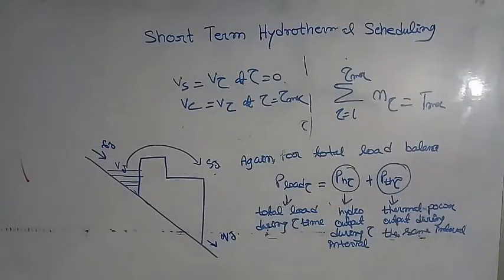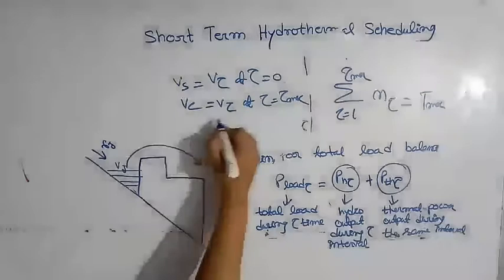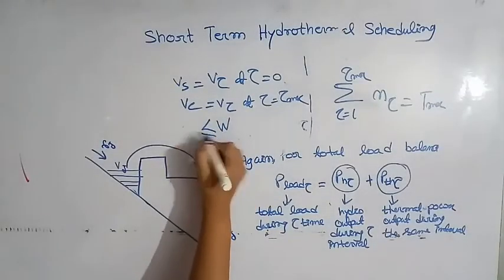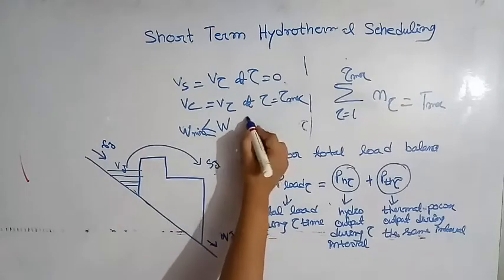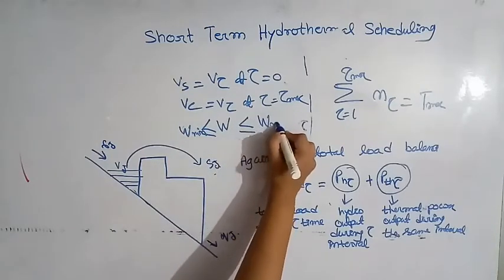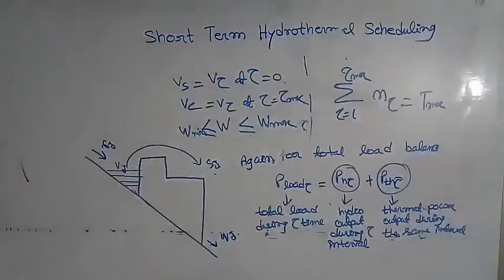Flow limits are maintained such that W should be greater than or equal to W minimum and less than or equal to W maximum. Now discharge remains fixed for the particular interval tau. Discharge is a function of hydropower generation and there is no spillage, that is Sj is equal to 0.